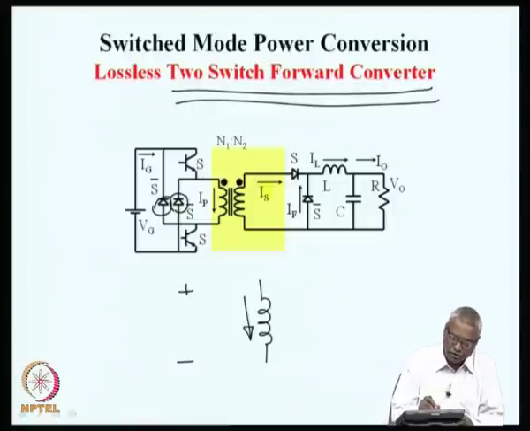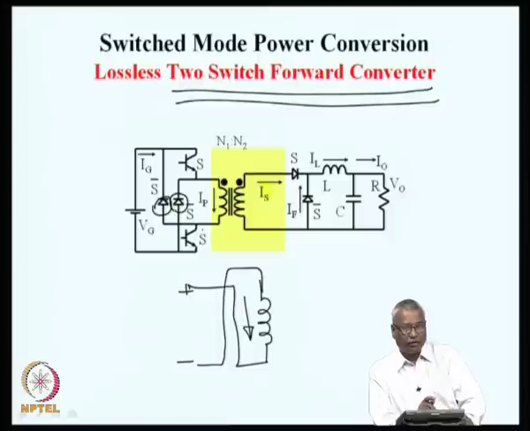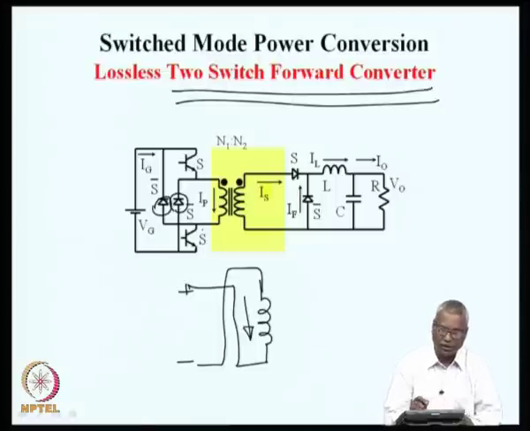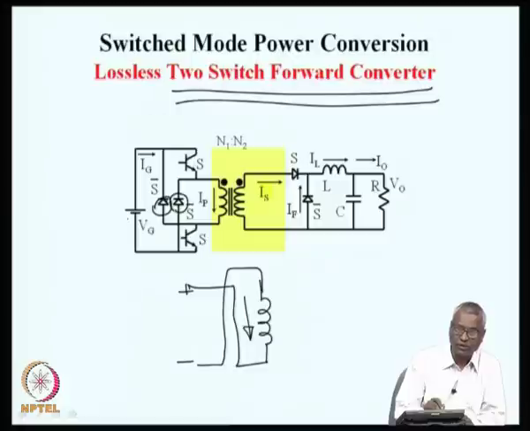But the moment we switch off S1 and S2, what we notice is that through the diodes that are here, negative is connected to this end and positive is connected to this end, or we apply minus Vg to the winding during the off period, and this entire reset process is now done by the same winding and sent to the same source. What we have saved is the additional winding that was added in the first converter that we had seen.